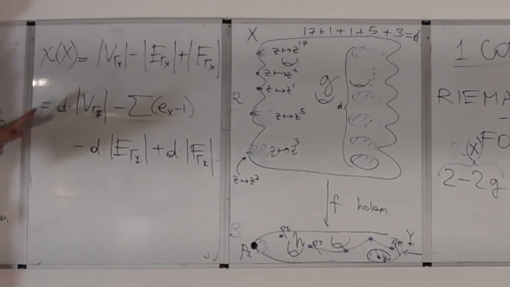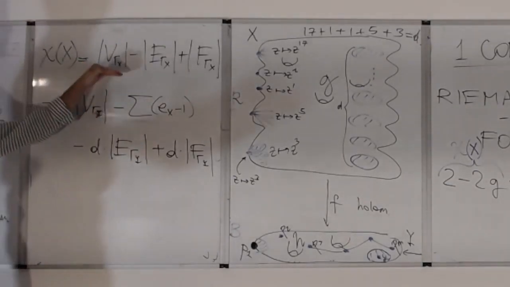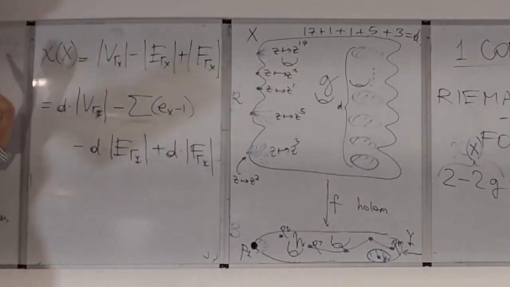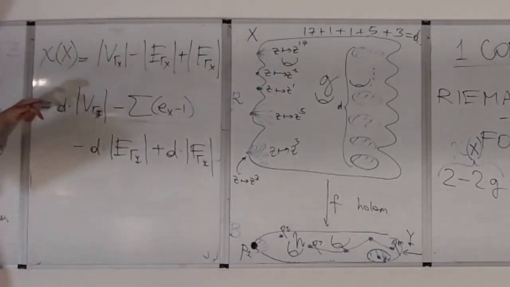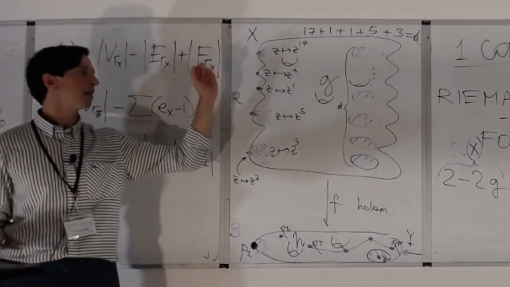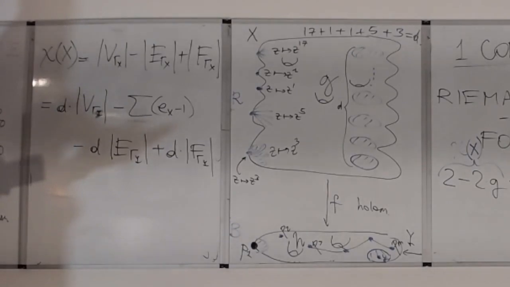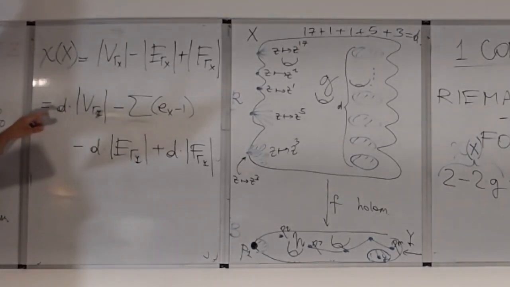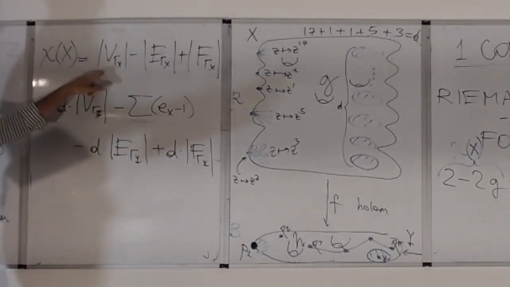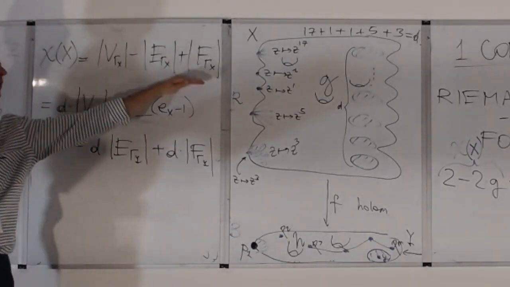So I'm claiming the following. We know that every time we draw a graph and we compute vertices minus edges plus faces, we're going to get the Euler characteristic, right? And now we just want to take each of these ingredients one by one, lift them upstairs, and see what happens. And what happens is that if you take the vertices, you will get D times the images minus the defect, and with the other two, nothing interesting will happen.